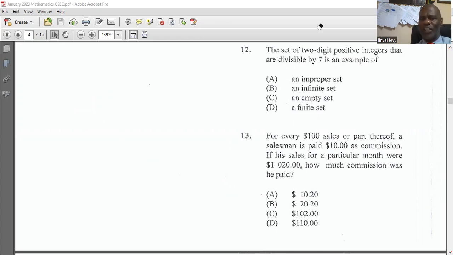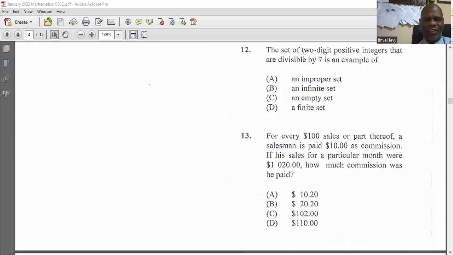Now, integers are whole numbers, right? So positive integers would be all the whole numbers from 1 to infinity. And then they say the set of 2-digit positive integers that are divisible by 7.